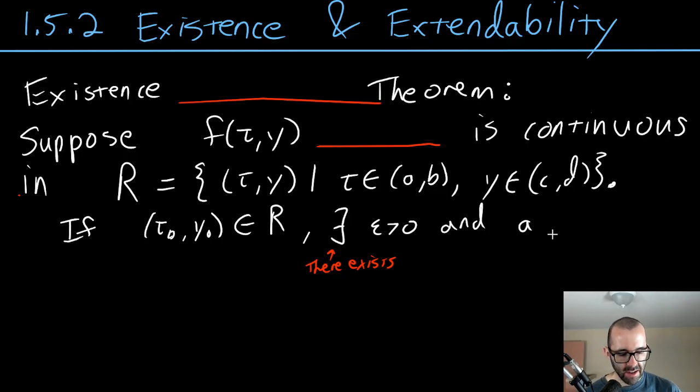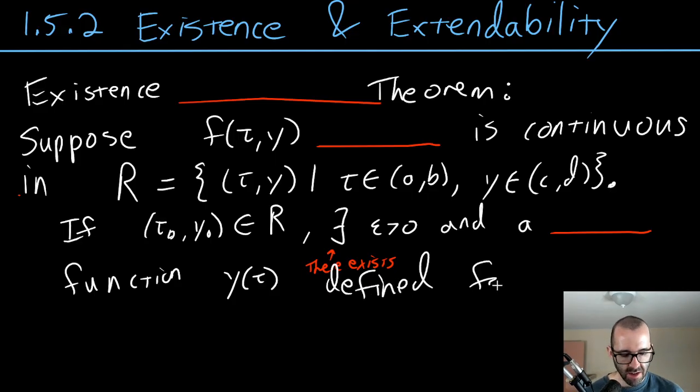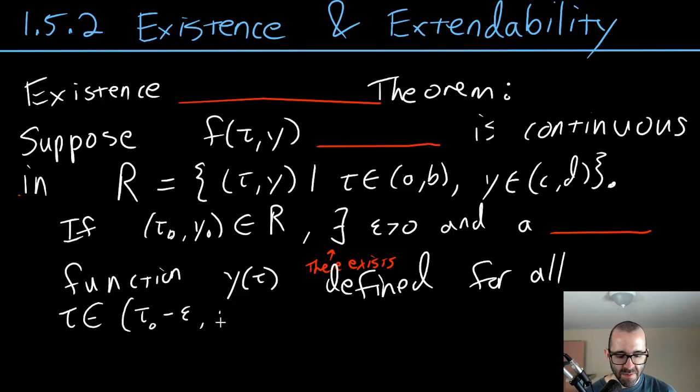all right, last blank, and a function y of t defined for all t. And now here's the bad news. I don't have enough room to write it here. It's defined for all t, but it's really not defined for all t. It's defined for all t in this interval of t naught minus epsilon to t naught plus epsilon.